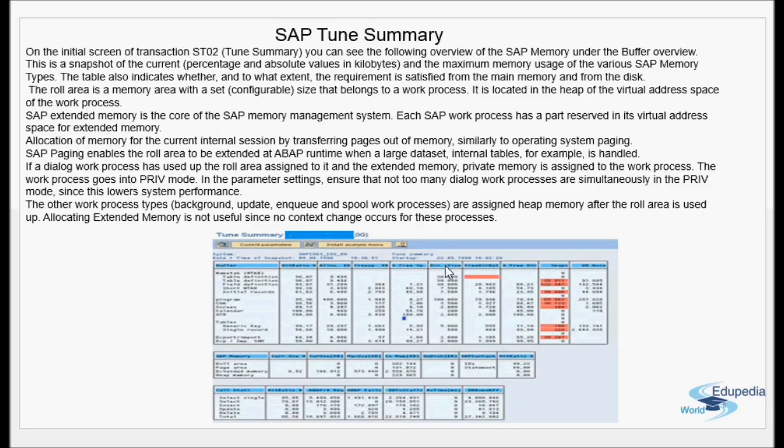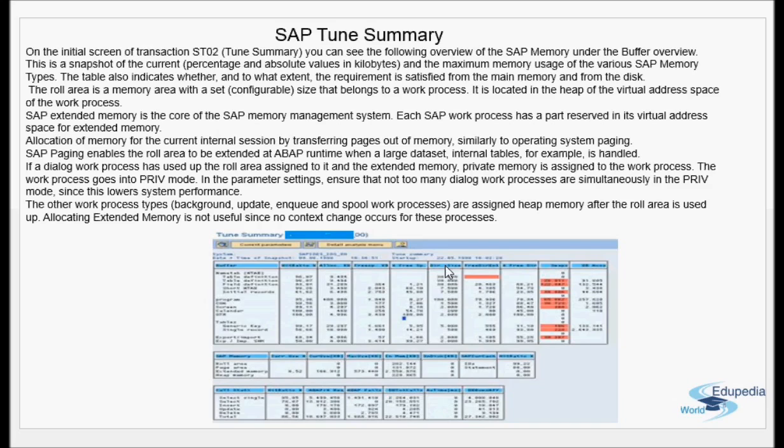The next one is the SAP Tune Summary, that is ST02. So first we have seen SM50, SM66, ST06, and ST02, the Tune Summary. This is more for memory management, the SAP memory management overview transaction. Here we'll see the different types of buffers and the memory utilization, like what is the total capacity, the current usage, and what was the maximum usage.